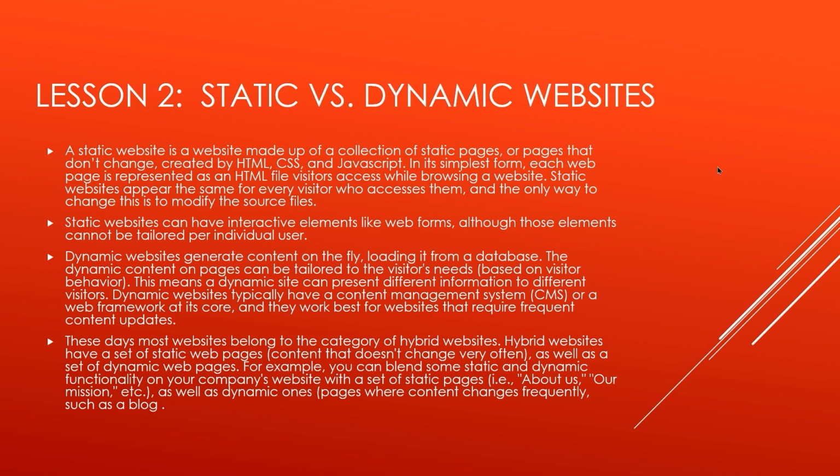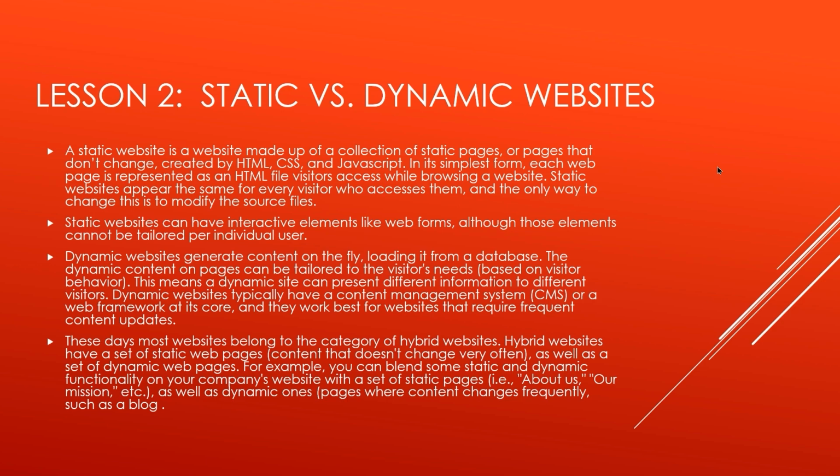Now, dynamic websites generate content on the fly, loading it from a database. The dynamic content on pages can be tailored to the visitor's needs based on visitor behavior. This means a dynamic site can present different information to different visitors.